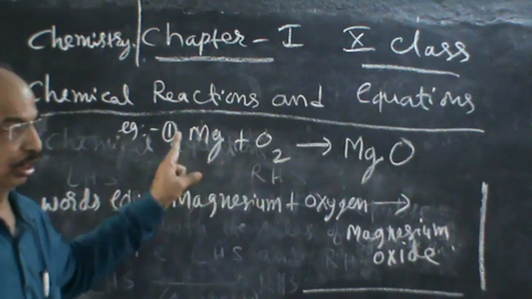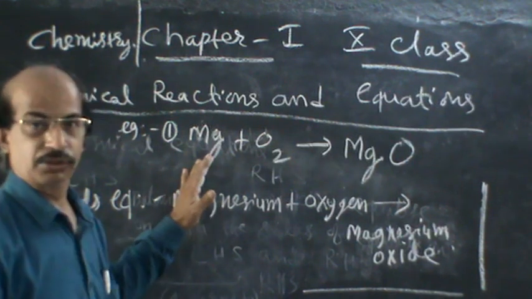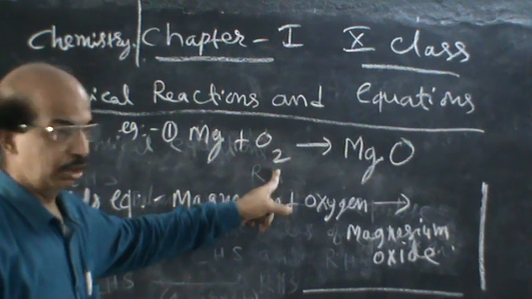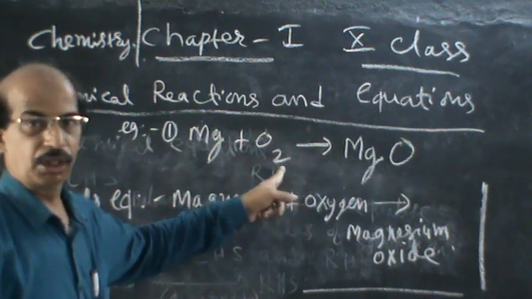Balancing means, as I already told you, making equalize on both the sides. And while balancing, don't disturb the number that is down. This number should not be disturbed.